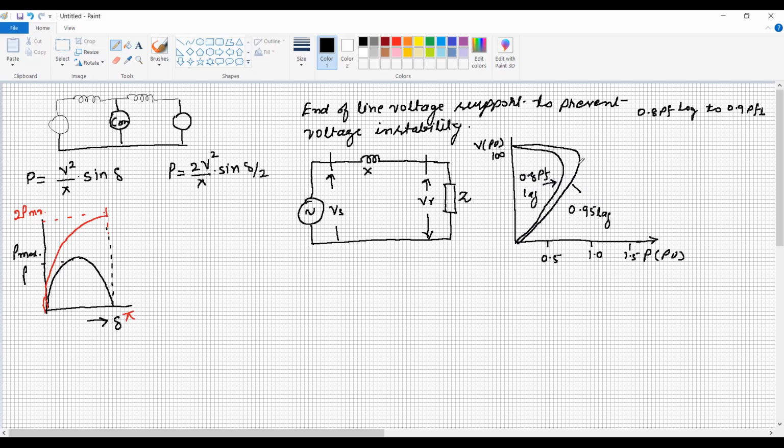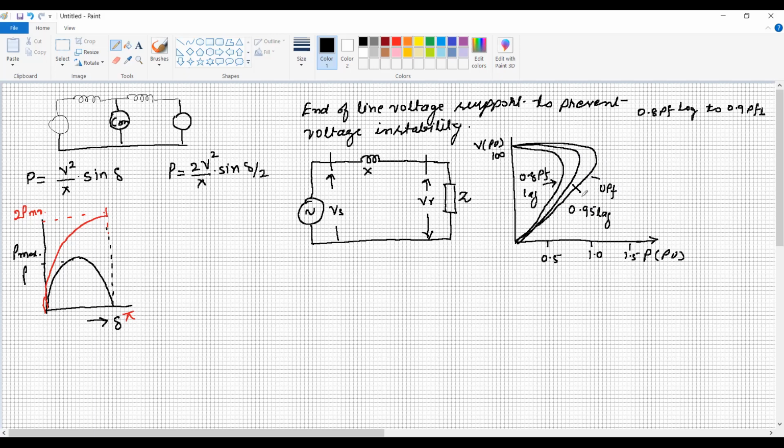This is the power factor, and say this is the unity power factor. So at unity power factor, if you maintain the power factor at unity, definitely we come to nearly 1 PU power transmitted.